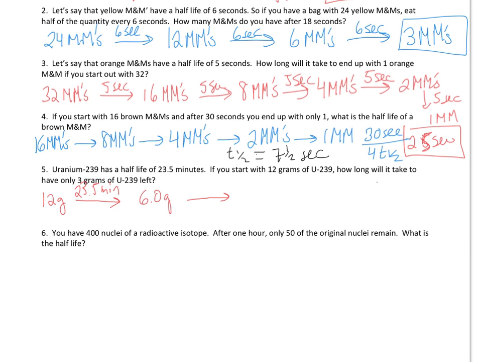And then after another half-life, so another 23.5 minutes, we'd be left with 3 grams. So we've reached our goal of 3 grams. It took us 2 half-lives to do that, and so that's a total of 23.5 minutes times 2, which is 47 minutes. So the answer is 47 minutes.